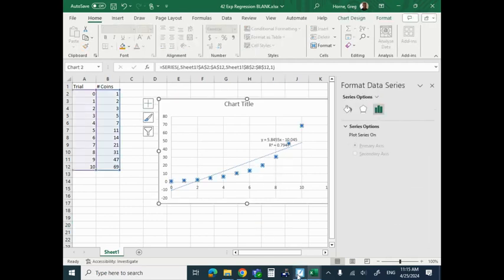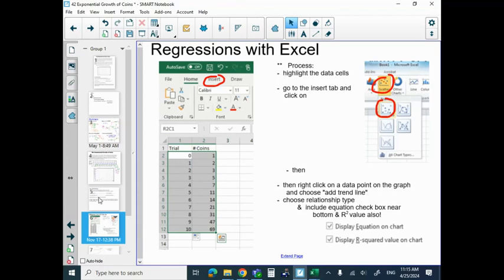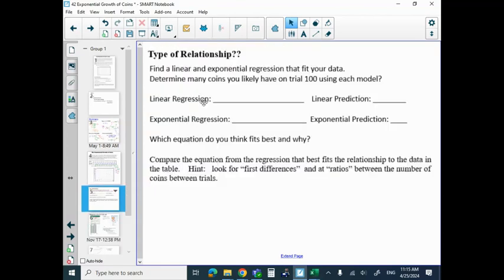So on your assignment for your numbers, or whichever ones you want to use, you'd have the linear regression, and you'd have what the equation is. So you'd have y equals, right, the equation that was there.